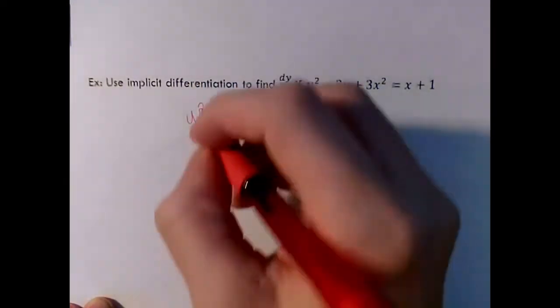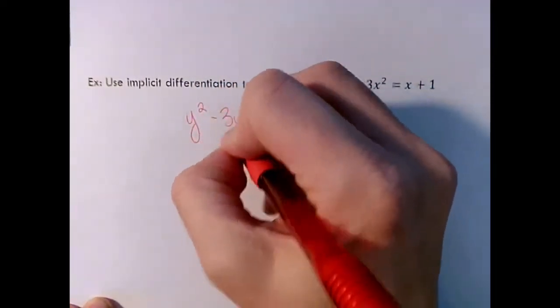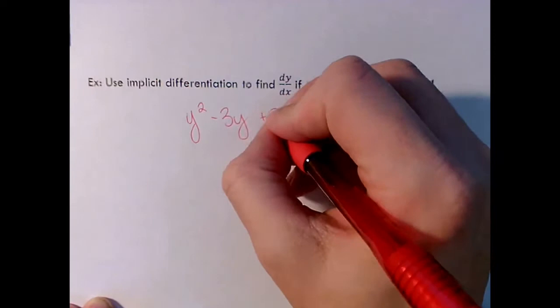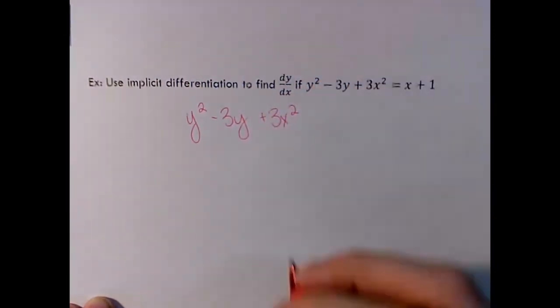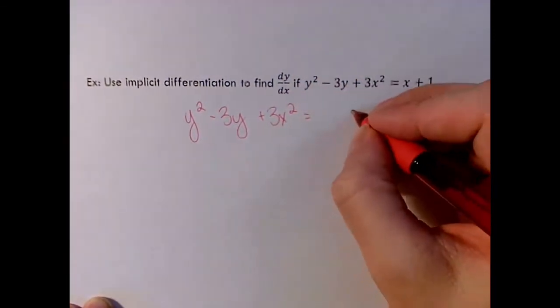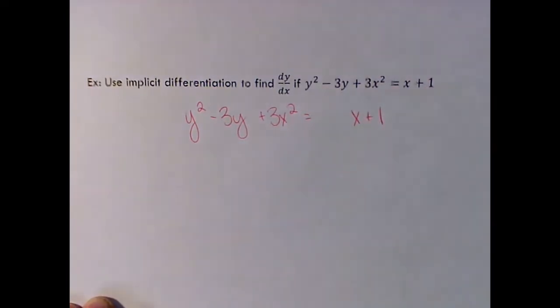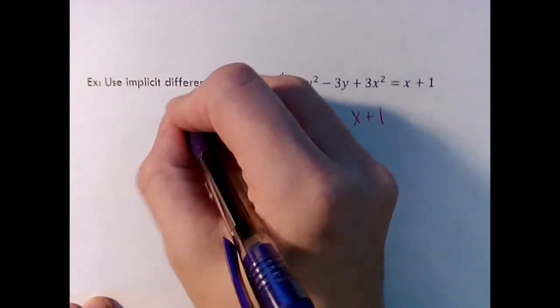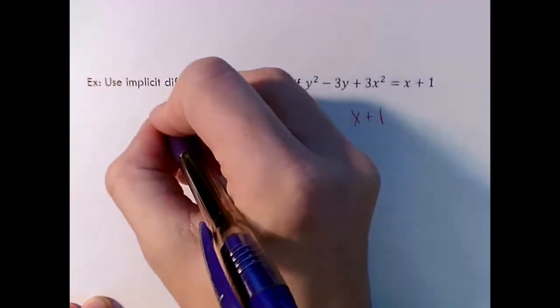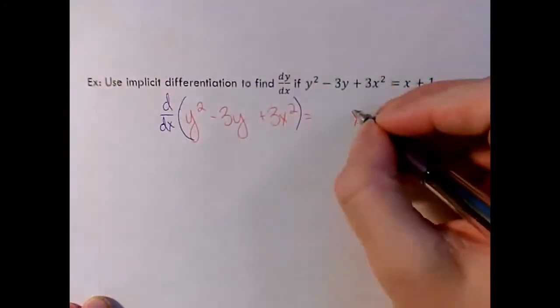I've got y squared minus 3y plus 3x squared equals, and I'm going to leave myself a space on purpose, x plus 1. The first step in implicit differentiation is to differentiate both sides with respect to x. What that looks like is I take the d dx of both sides.